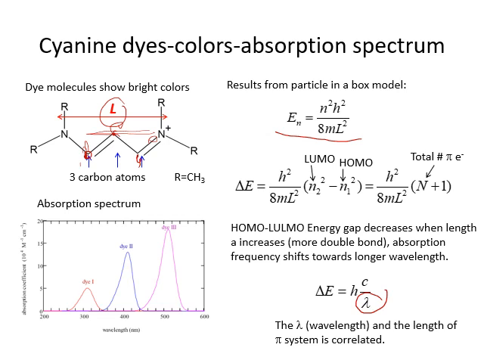So in theory, we can predict the absorption of different dyes. Then we do UV absorption and see if the theoretical calculation is consistent with the experiments.